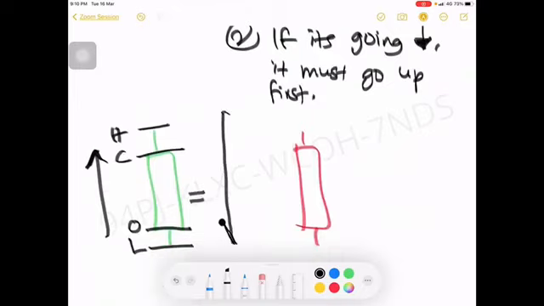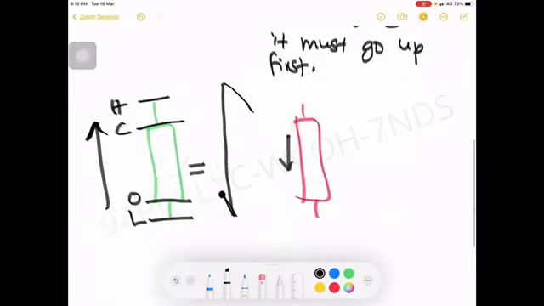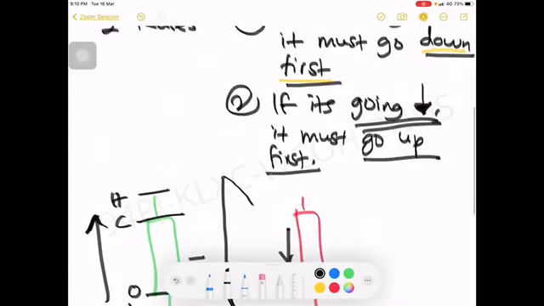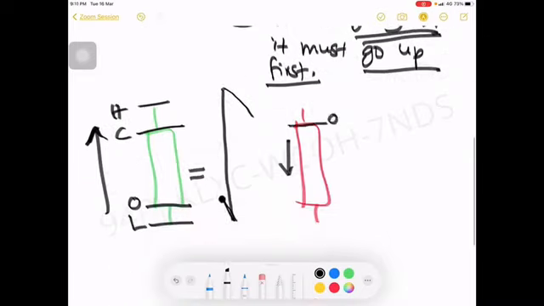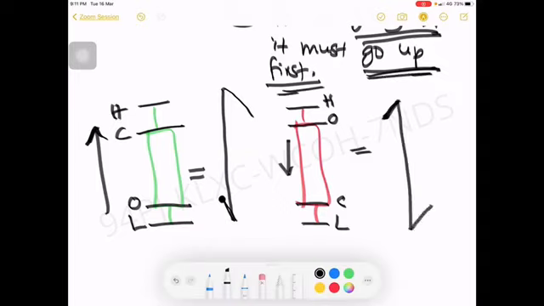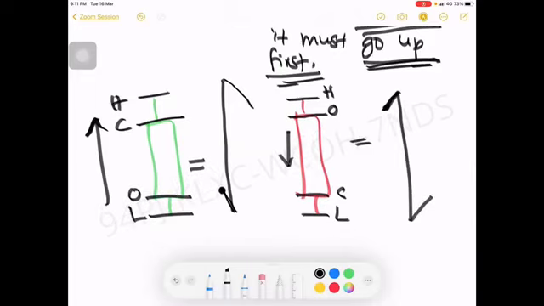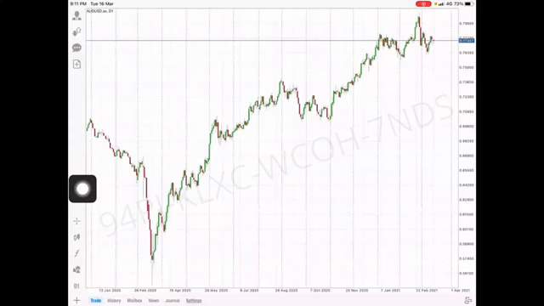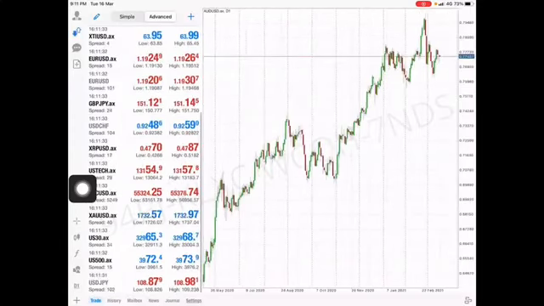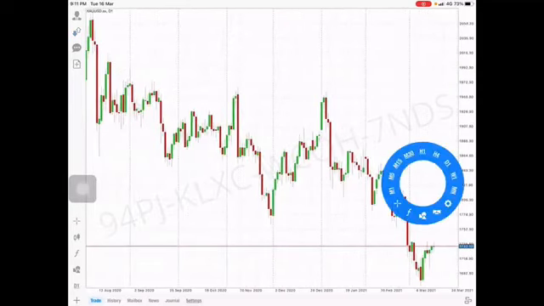It's going to go down first to the low, going up to the high, and then close. For the other candlestick, the opening will be here, and it needs to go up first, remember, and then to the low and close.